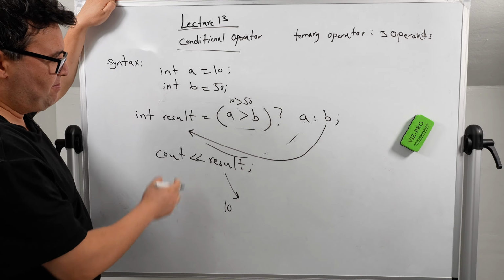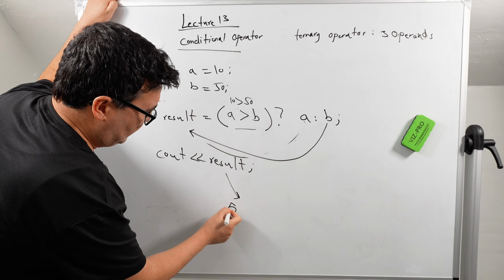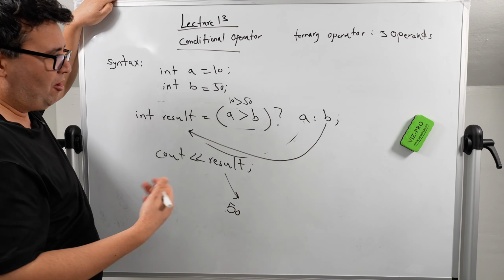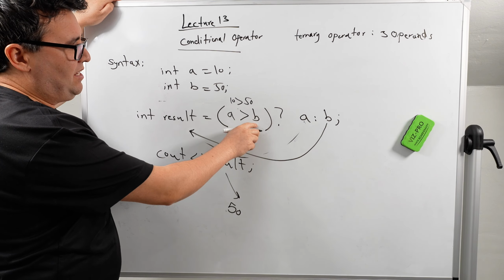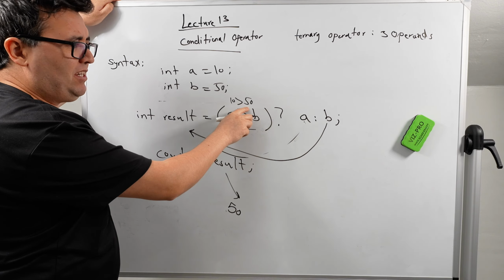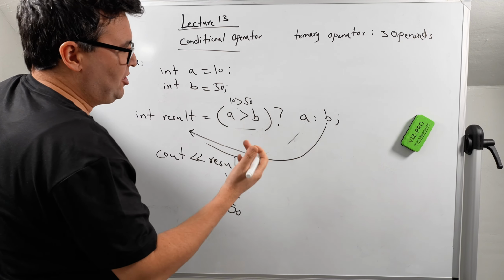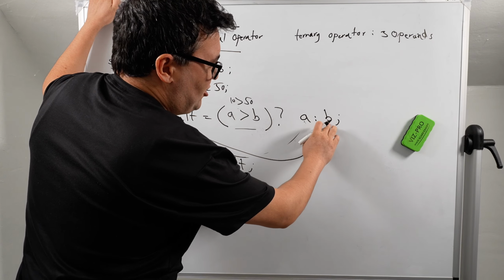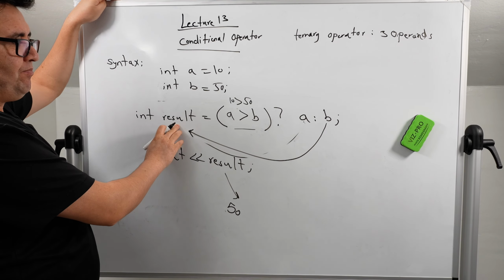Now if we print the result variable, it will print 50, not 10, because a is not bigger than b. When the condition becomes false, our expression 2 will be stored inside the variable result.